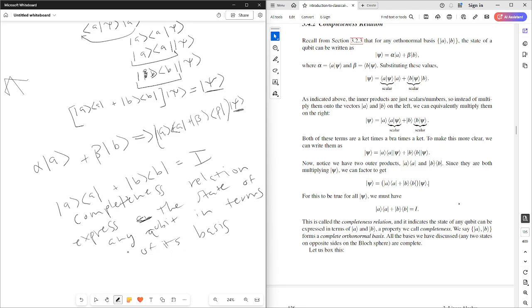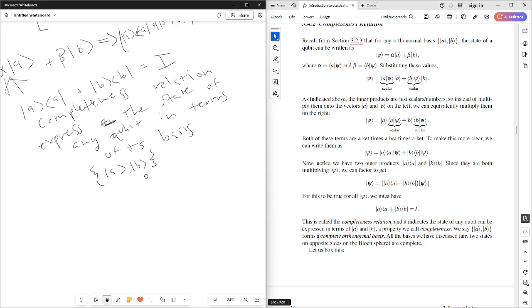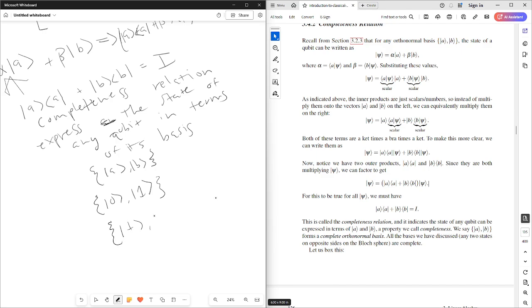So we could have the arbitrary basis A and B, like in this example, but it also allows us to express in the z basis, right? The 0 and 1, or plus and minus.